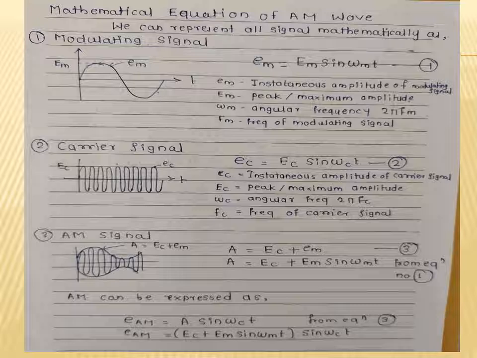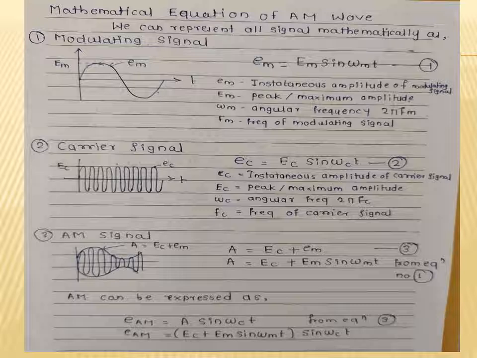The modulating signal is represented by small em, the instantaneous value, and small em is equal to capital EM, the amplitude, into sine of the angle: EM into sine of omega mt. The carrier signal is represented as small ec equal to capital EC into sine of omega ct.